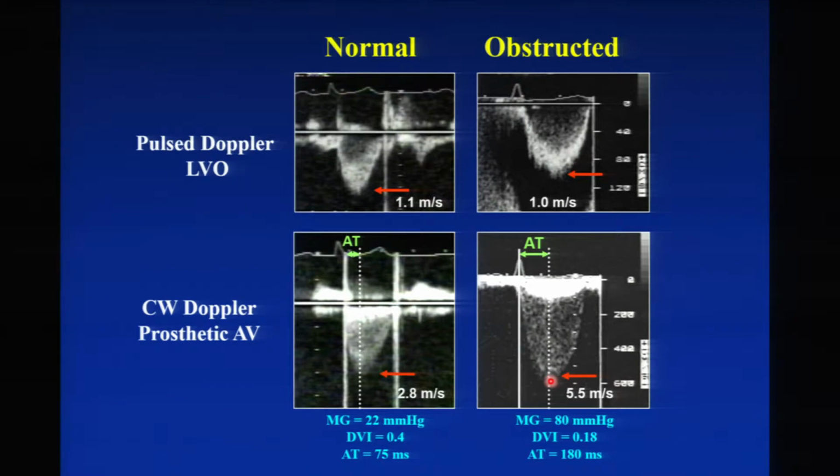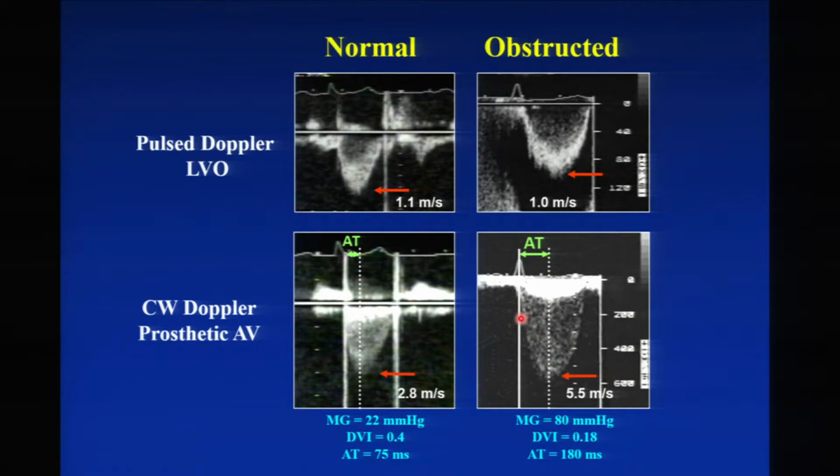Ideally should be less than 80 milliseconds. And whenever you have obstruction, it takes time for the maximal velocity to be there. And this is more than 130 is very specific for obstruction. You start wondering about it if you're close to 80 or 100 milliseconds.